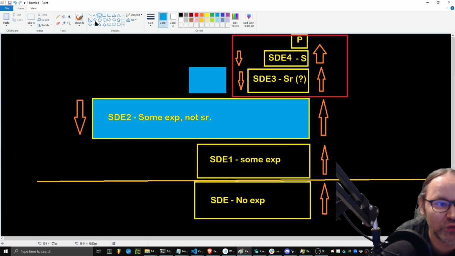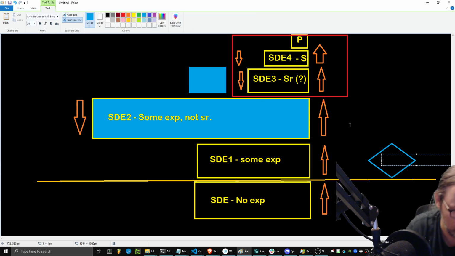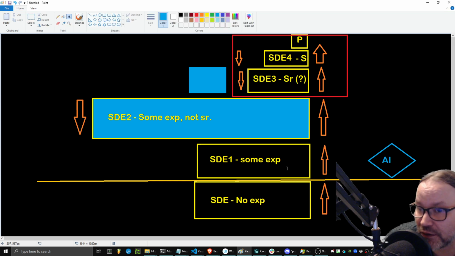And that means that if you are actually the sort of person that can be replaced by AI, you're probably on the SDE1 level, because I have personally seen AI tools be more productive than an SDE1.